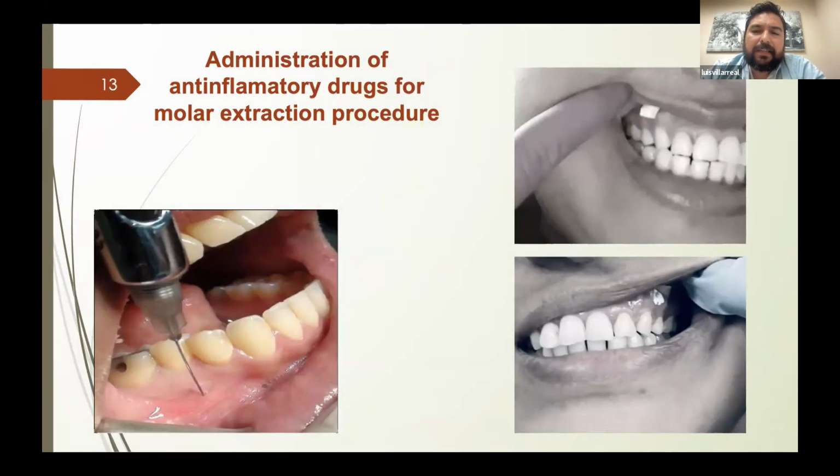Also, we can use these kinds of systems to avoid injections when, for example, a molar extraction is occurring. Usually, at least here in Mexico, we use some anti-inflammatory drugs such as dexamethasone to be applied at the local site when a molar extraction is occurring.